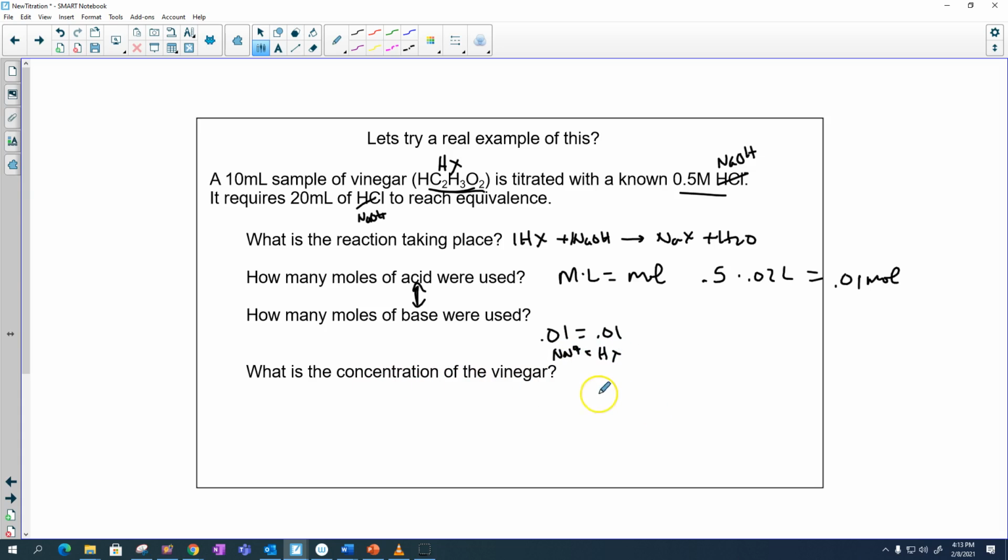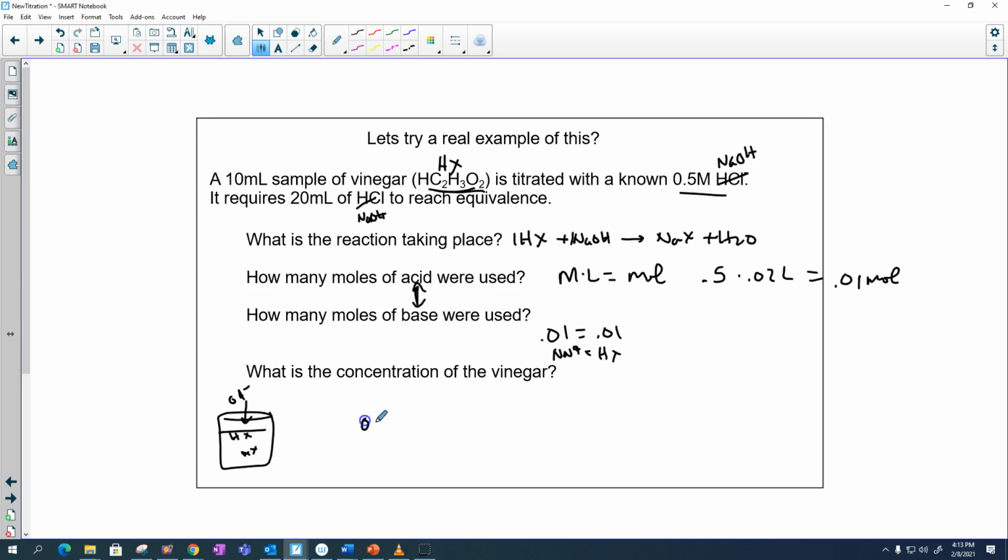What's the concentration of the vinegar? Well, I don't want the ending concentration. I want the original concentration. So when I dumped in all of these hydroxides, and my volume's increasing, I'm sort of neutralizing or destroying the acids as I go. And I don't want to know the ending concentration.